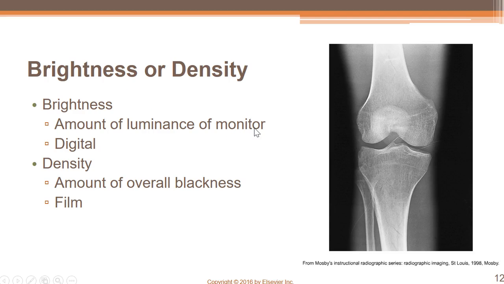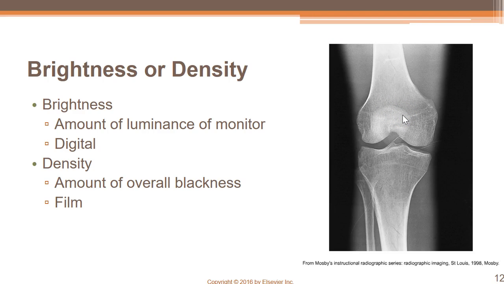So it's still controlled by the mAs that you use, but remember these two terms. You may see density sometimes, but what we're talking about is the overall blackness. You can change the density on your monitor, but when you do that, you're actually changing the brightness, okay? An area of increased brightness viewed on a computer monitor shows a decreased density. So that would be over here on a film image.